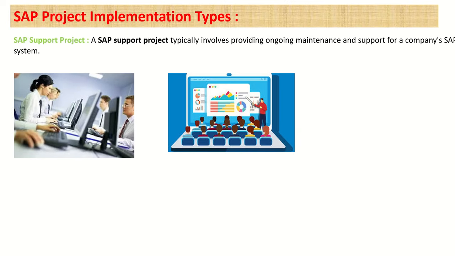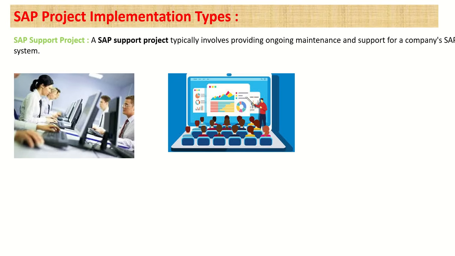But after that also, based on taxation changes, some new printout, a new company logo they want to add, or an address they want to change, all these things come under the support project. Fine. So those are the different projects in SAP.